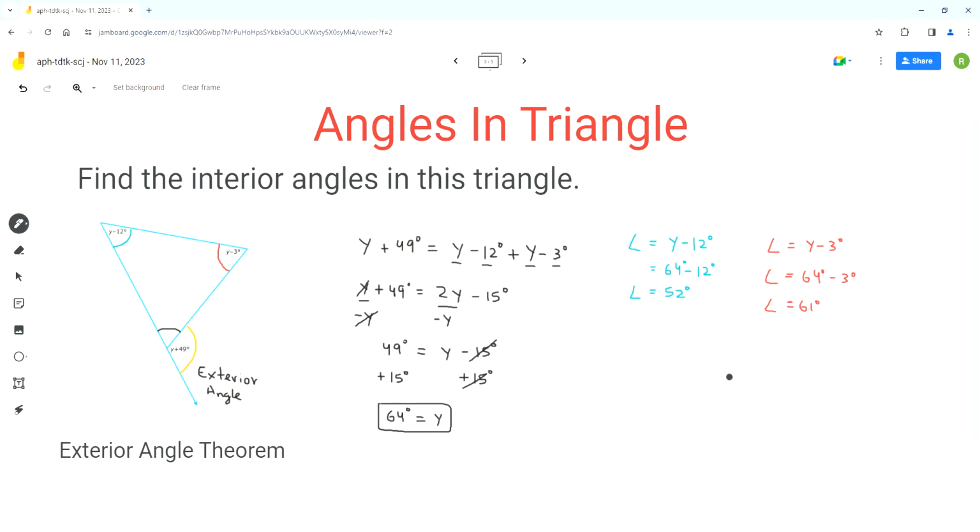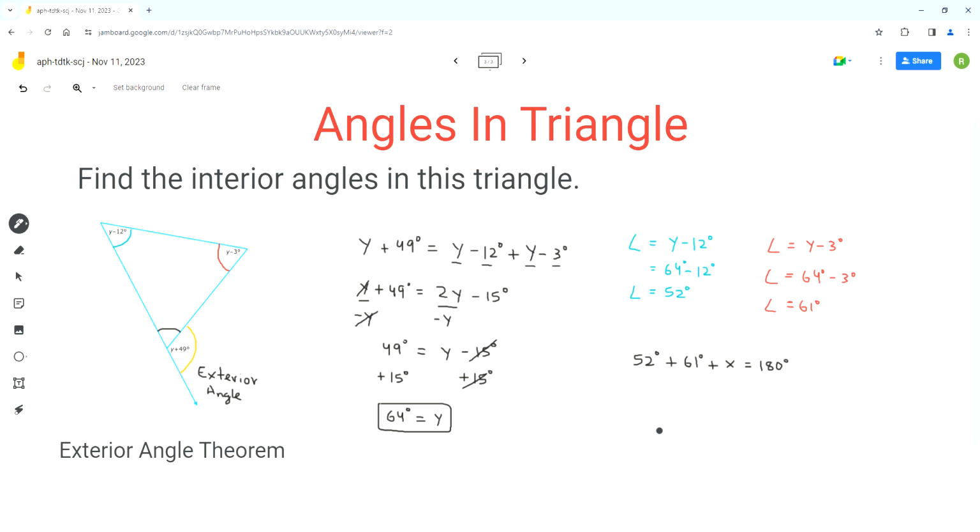And for that, we can use the sum of angles in a triangle theorem. So we know that sum of all interior angles in a triangle is 180 degrees. So our equation is 52 degrees plus 61 degrees plus the unknown angle, let's label it as x, equals 180 degrees.